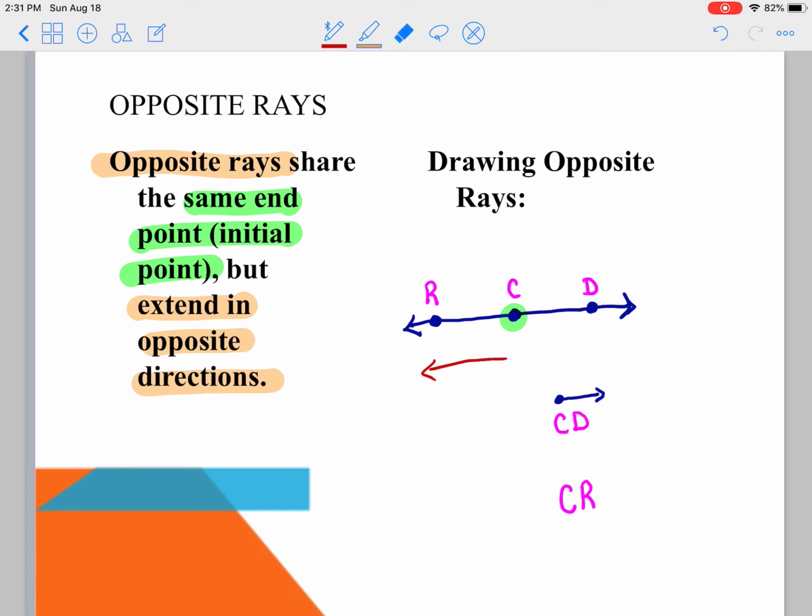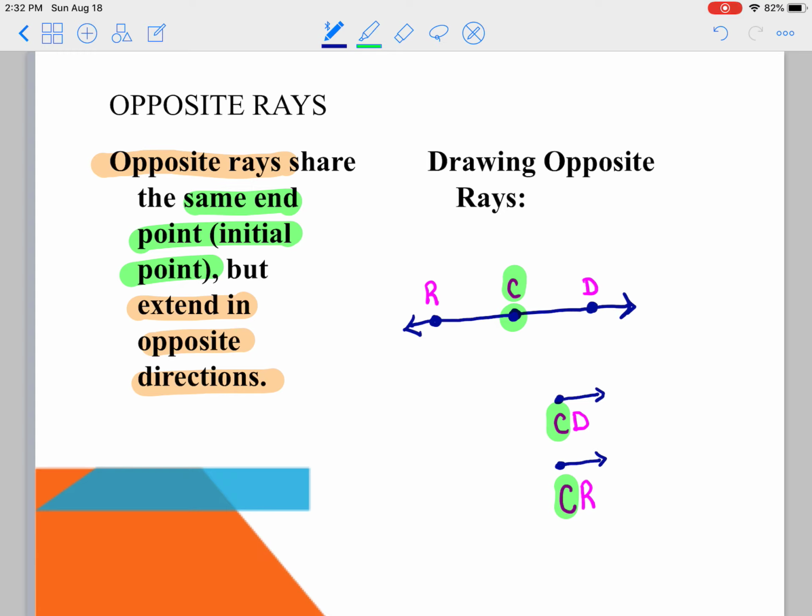I am still going to write the R on the right side. That is the naming convention for a ray. So my initial point is C, it's moving in the direction of R. And as I mentioned when discussing rays, the arrow always moves to the right.